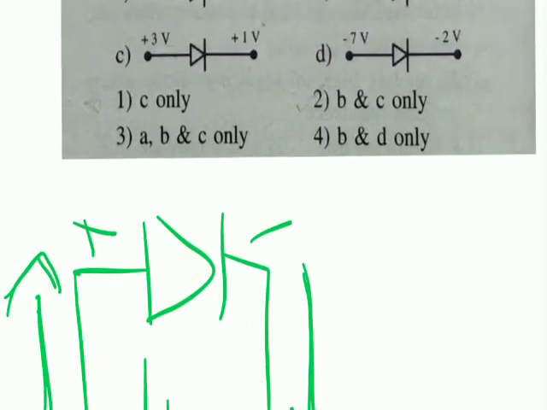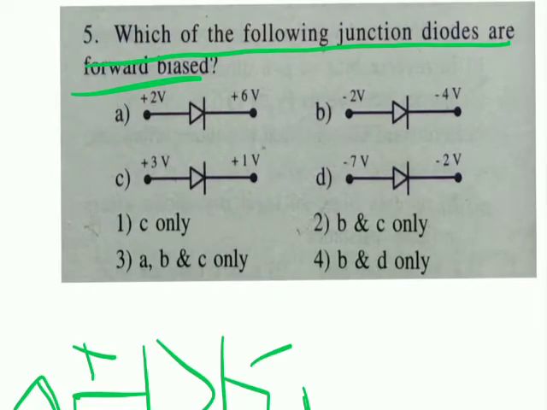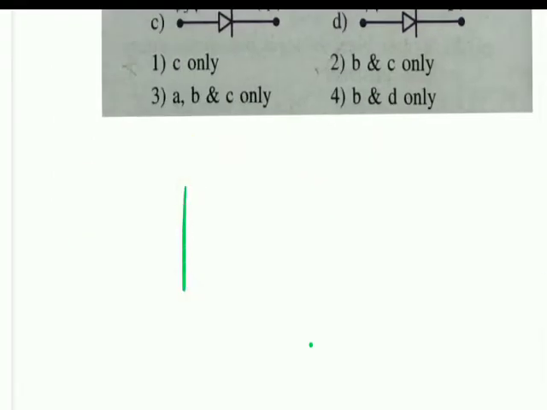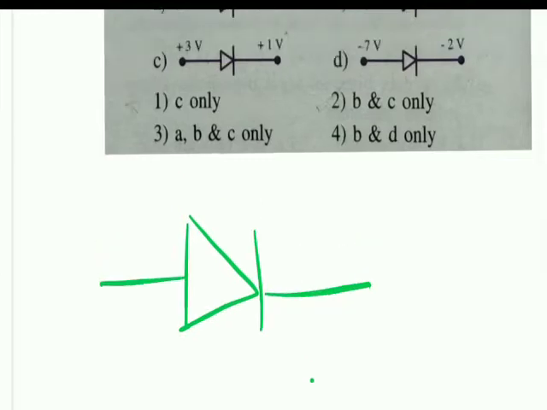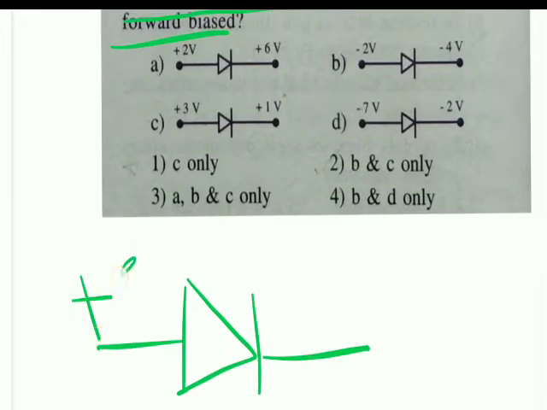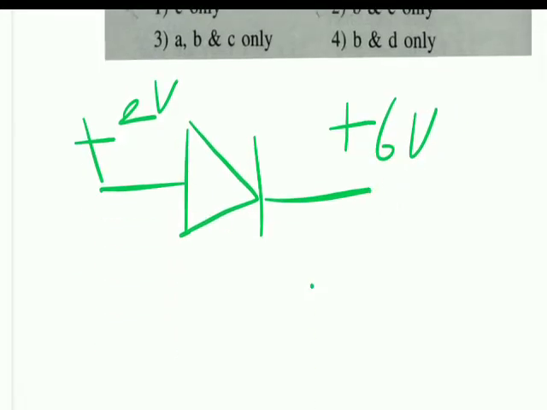From this information, see option A here. So this is the diode, this is plus 2 volts, and the negative region is plus 6 volts. When we are calling forward bias, high potential is connecting to the positive side of the diode.